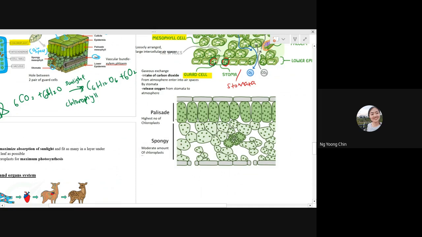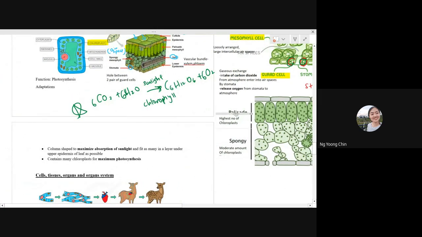This one is the upper epidermis. They are directly exposed to the sunlight, so this will help to maximize the absorption of the sunlight.